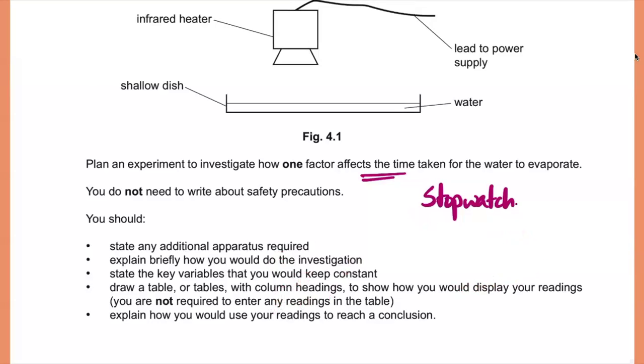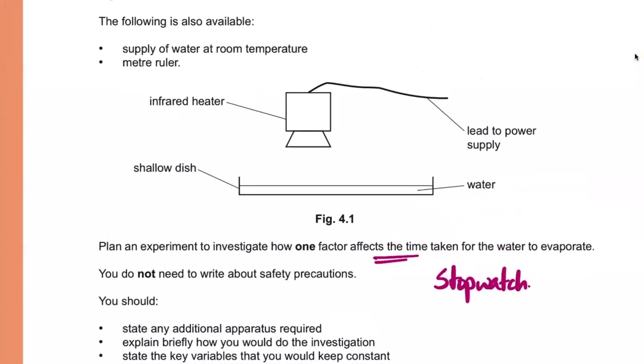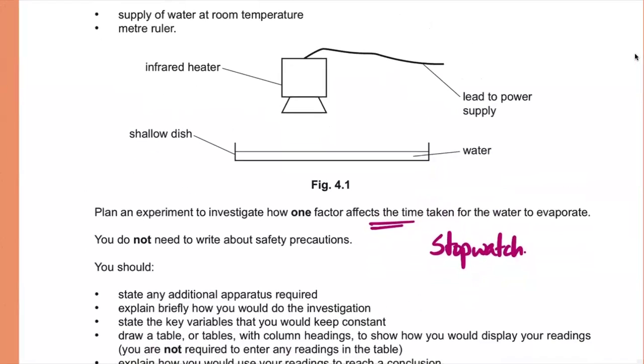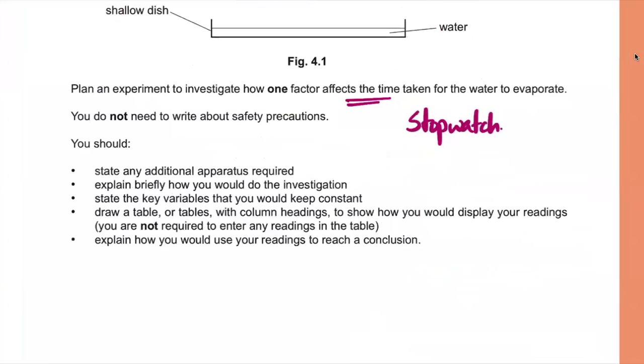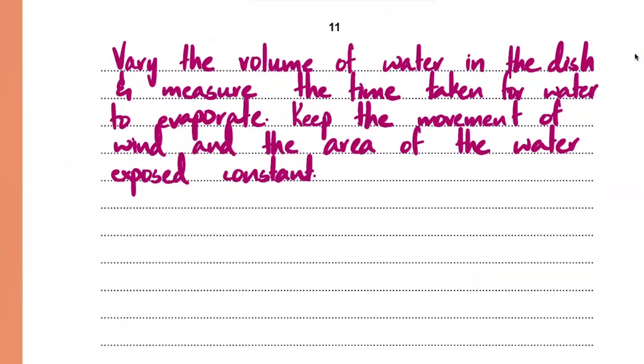And yeah, again, we would also talk about the number of readings which are to be taken. So we'll say that, for example, we use 6 different volumes of water and measure those 6 times for the water to evaporate. So I'll also say here that I measure time for evaporation using a stopwatch.